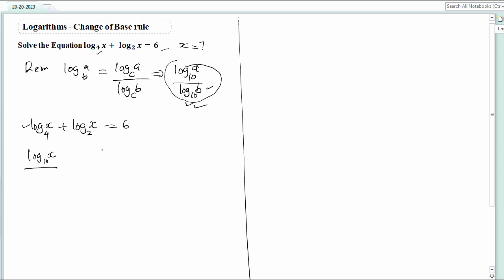So log x to base 4 is going to be equal to log x base 10 over log 4 base 10. In this case, we can get the value of log 4 base 10 using our calculator, and this one I'm going to add to log x base 10 over log 2 base 10, and this equals 6.